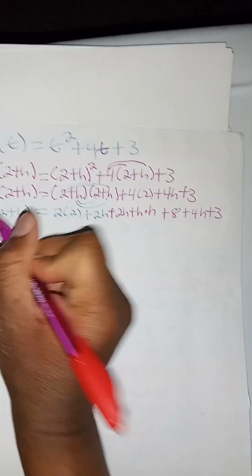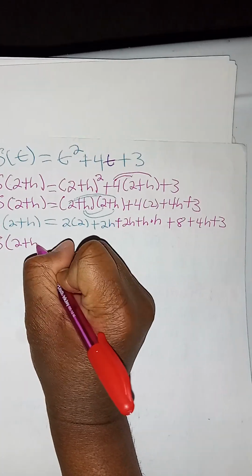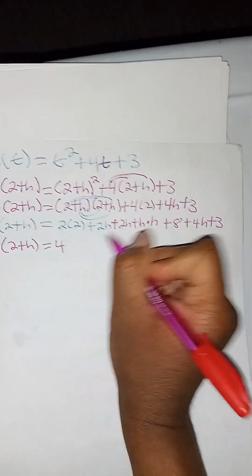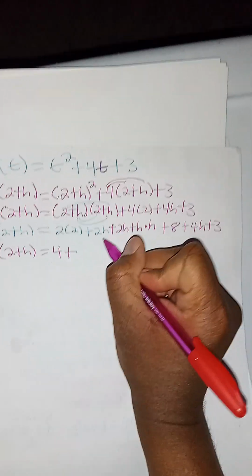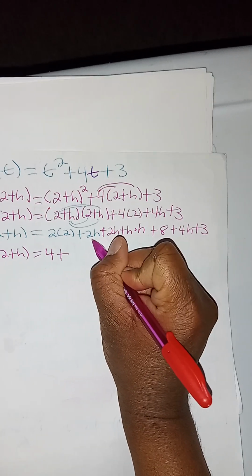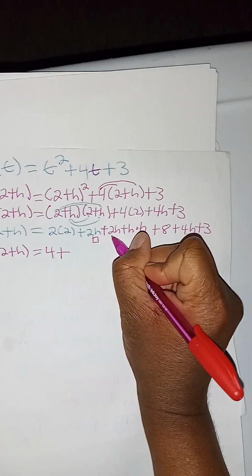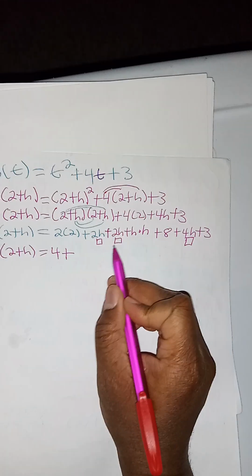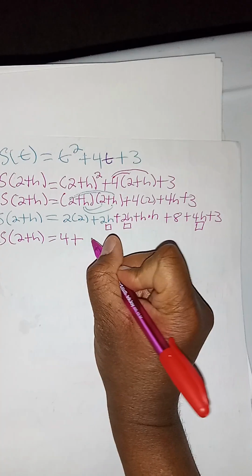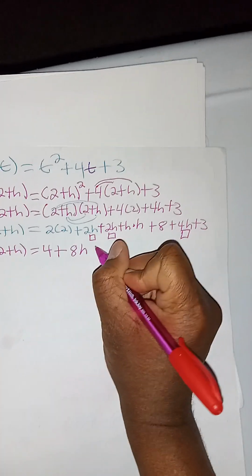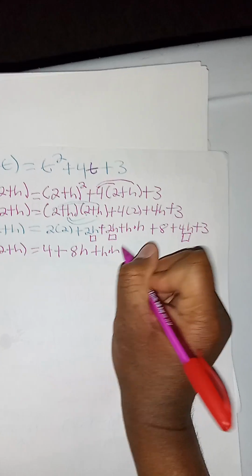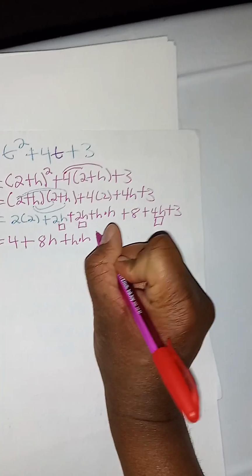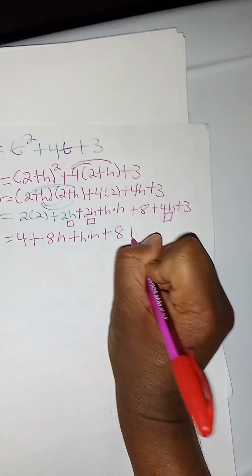So s of 2 plus h will equal 4, and then plus, we have multiple like terms here: 2h here, 2h there, and 4h here. So 2h plus 2h plus 4h is 8h, and then plus h times h, and then plus 8 plus 3.